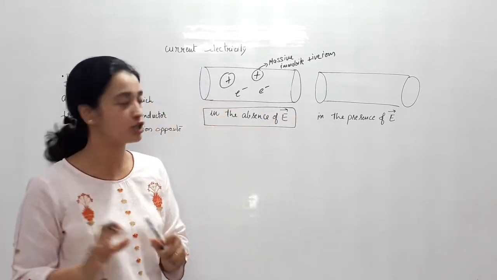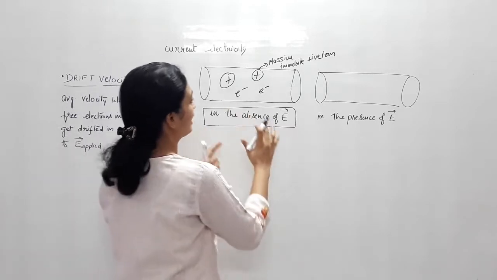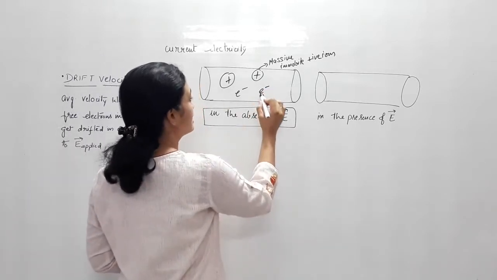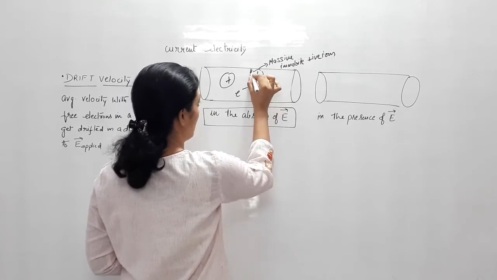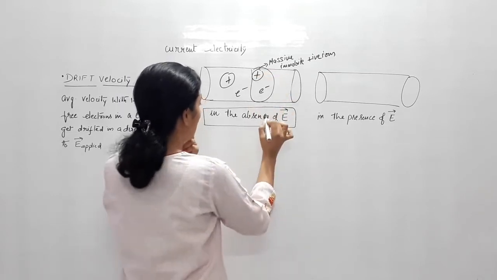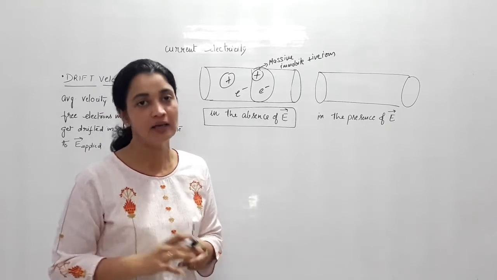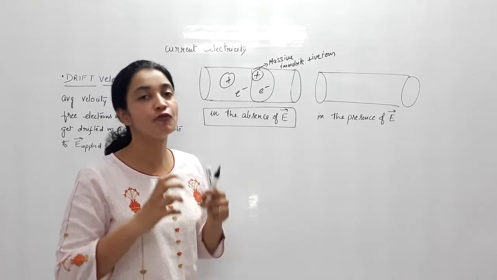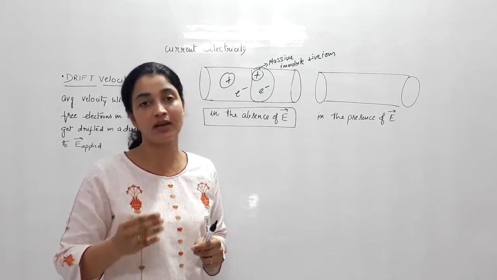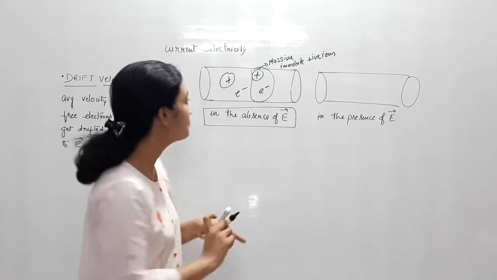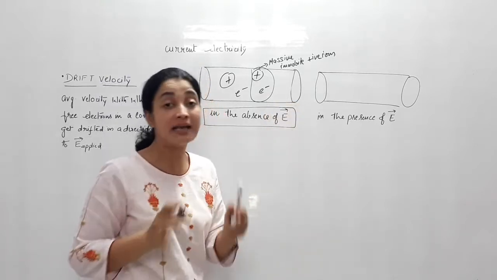Inside the conductor, what happens if we consider any cross section of the conductor? The electrons move in such a manner that their net flow towards any specific direction is zero. That means the electron has got random motion.